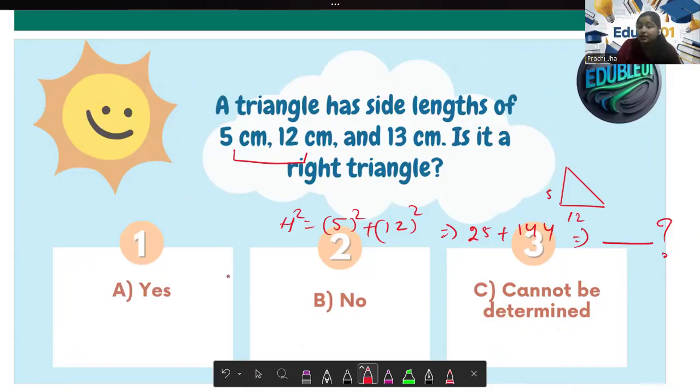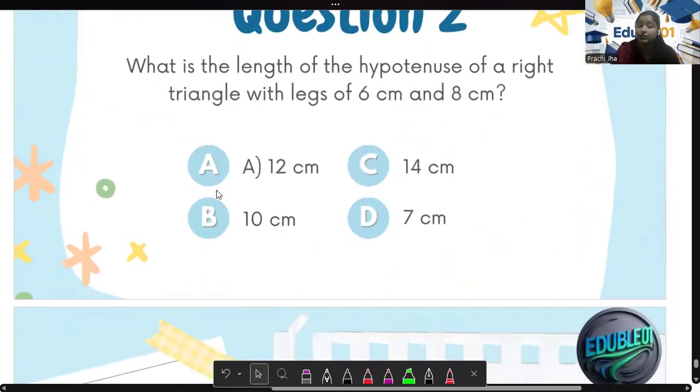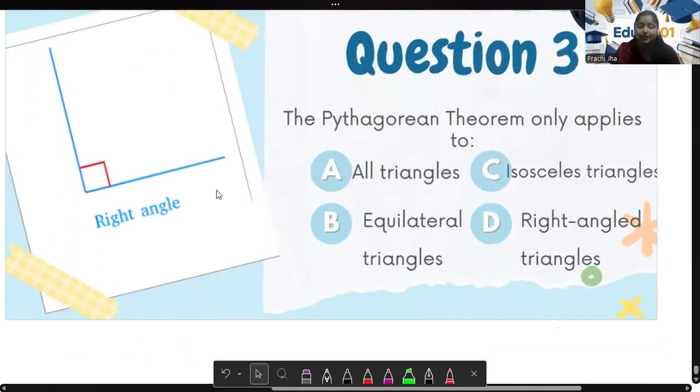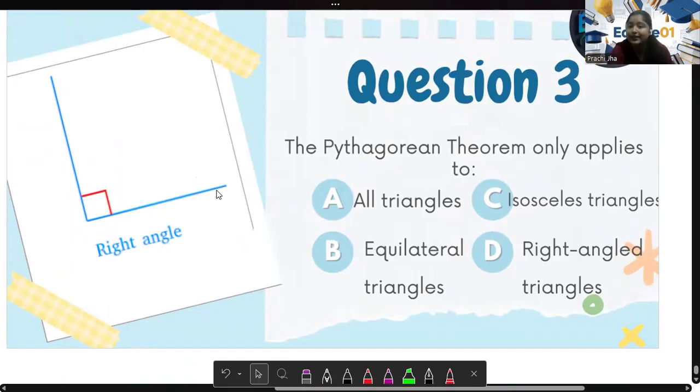So is it the root of 13? Is it the square of 13? You need to find out and then check. You can try the other two questions as well for the Pythagorean theorem quiz.